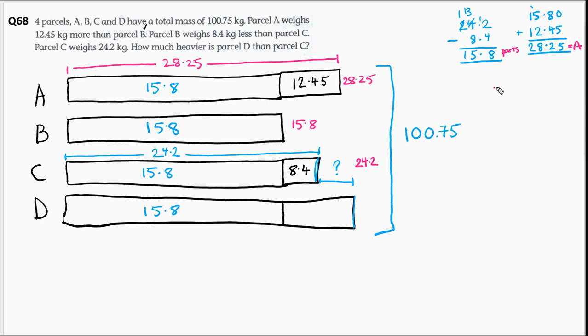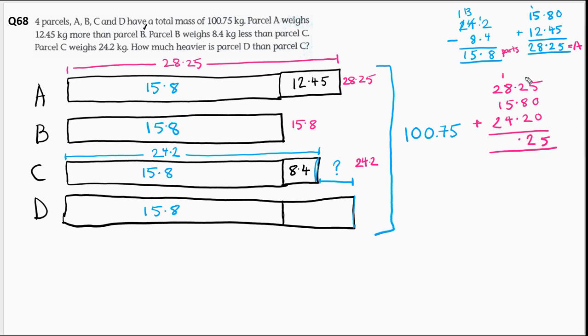We've got 28.25, add 15.8. I'm going to put in the 0, and 24.2. Okay, and I'm adding all of this together. I'm going to put in my decimal point. So here we've got 5. Here we've got 12.